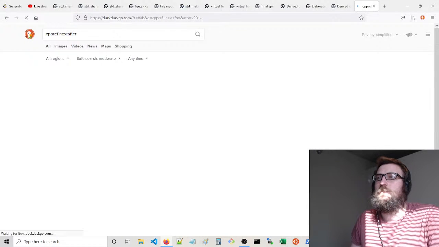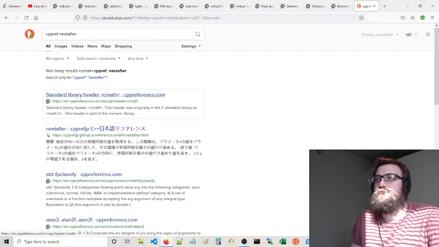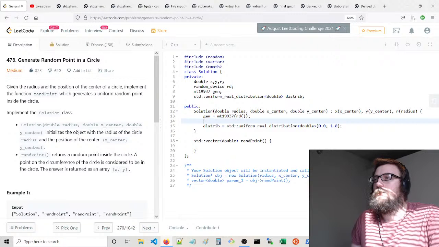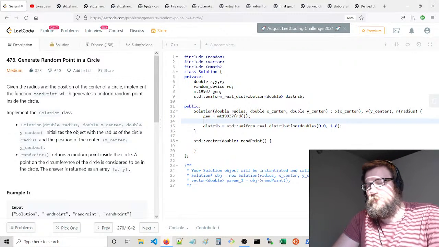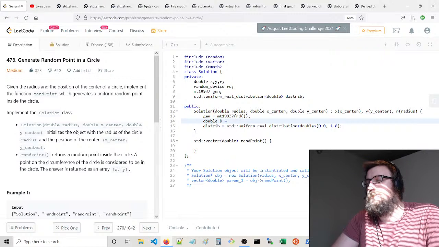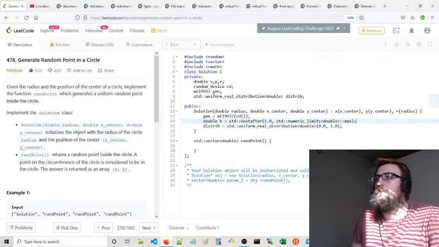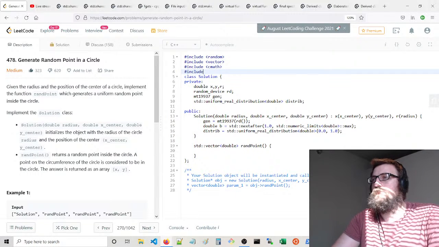I think it's in the math library, yeah, cmath. So we're going to say double b, yeah, we'll call it b. It's going to be std::nextafter of 1.0 to std::numeric_limits of double max. I think that's what you do.